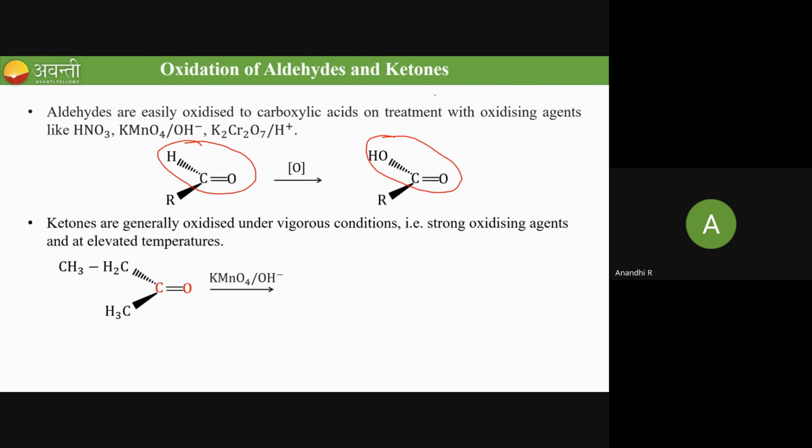What's the name of this ketone? We have 4 carbons, so it is called butanone. To this butanone, we are adding KMnO4, which is a strong oxidizing agent, potassium permanganate in basic medium. It is forming 2 different products, but both are the same in the case of this reactant.